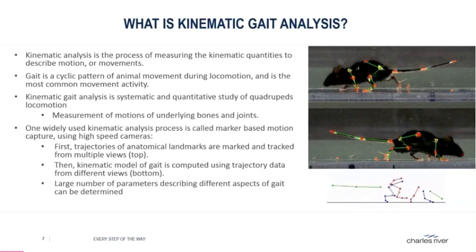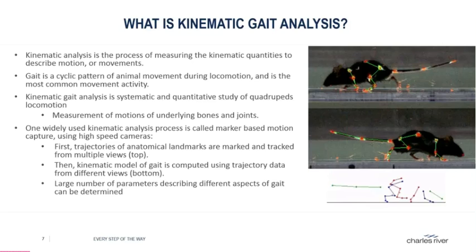What is kinematic gait analysis? Let's begin with the kinematics first. Generally speaking, kinematic analysis is the process of measuring the positions or velocities of an object to describe its motion or movements. Gait is the most common movement activity both in humans and in animals.